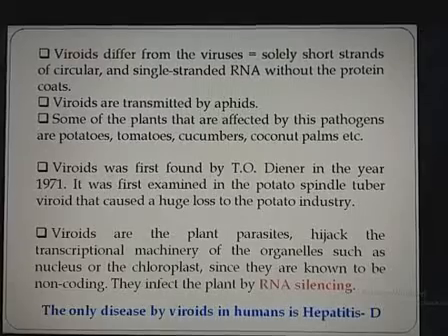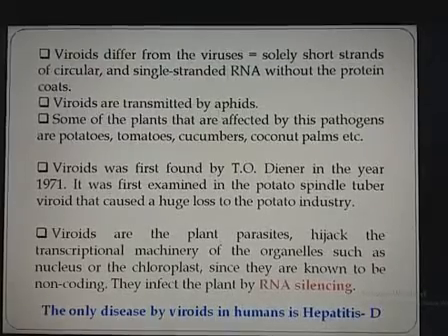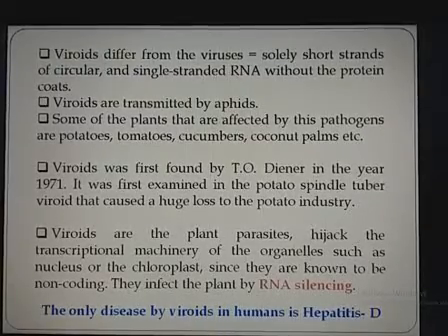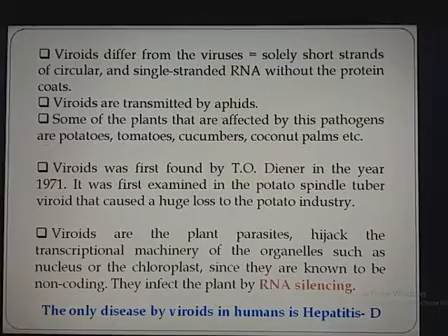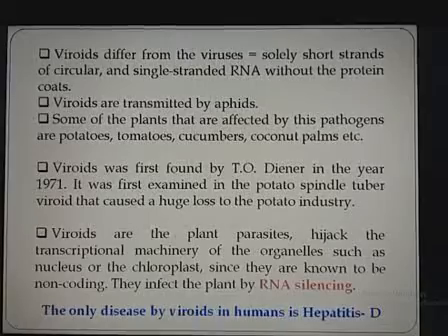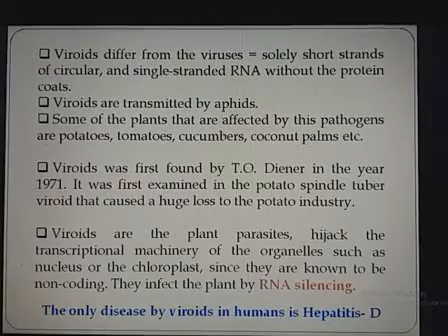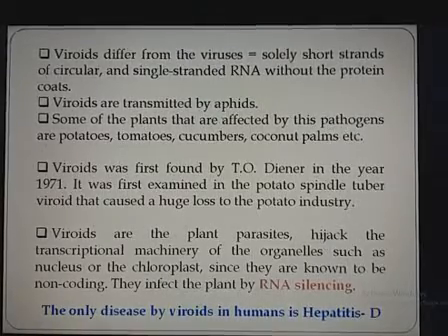Now the next point is viroids are actually plant parasites, and they hijack the transcriptional machinery of organelles such as the nucleus and chloroplast, and they are known to be non-coding.